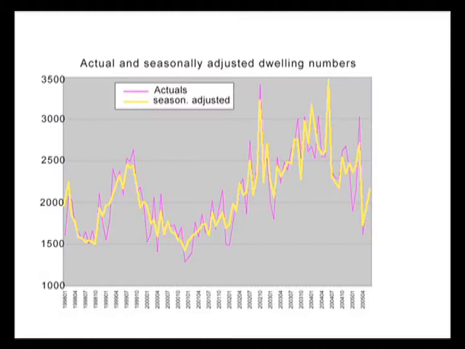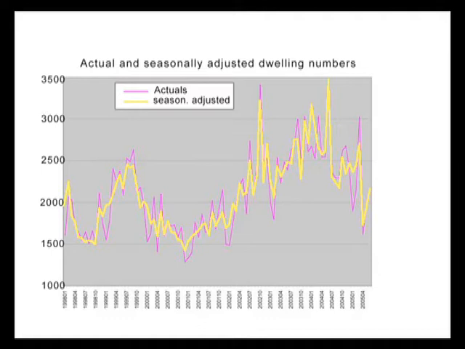So the reason that I like to show you this series is that it's utterly different from the other one, and it points out some interesting things later in the series. Now, this is a seasonally adjusted series, and you can see that for this middle bit in the series, the seasonally adjusted series, and remember that's the actuals without the seasonal component, they're quite a lot smoother than the actual line.